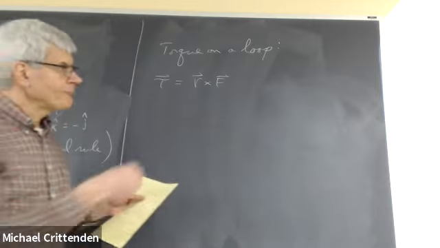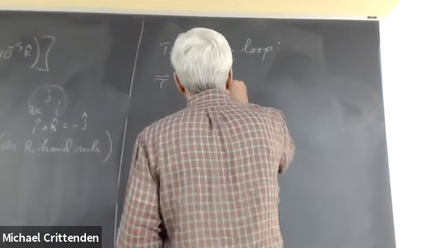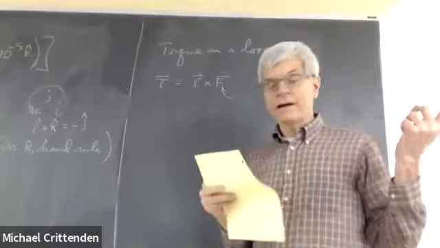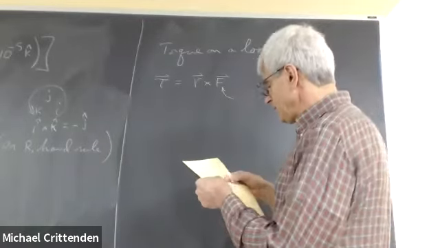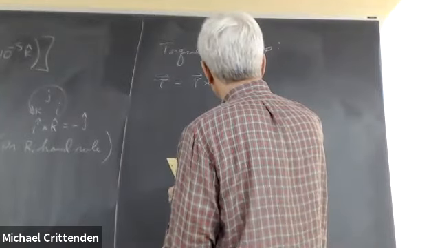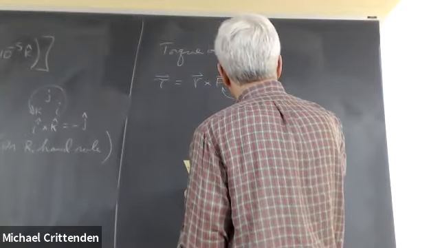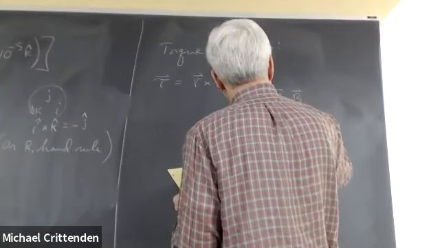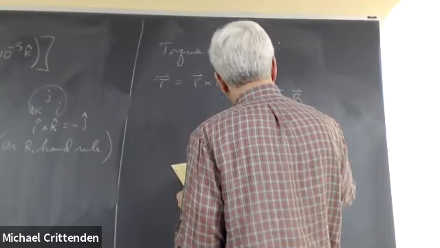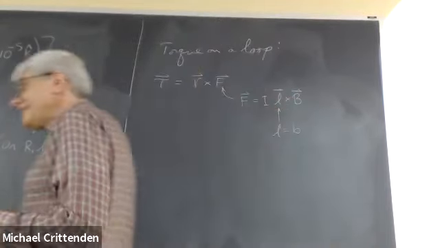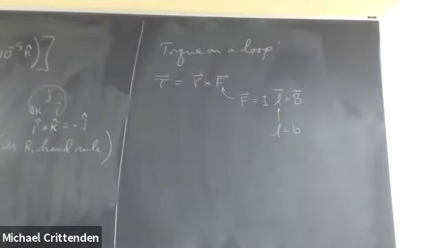Well, the force on either one of those wires, F1 or F2, is given by that formula I was talking about earlier today. F is equal to I L cross B, capital B for the magnetic field.